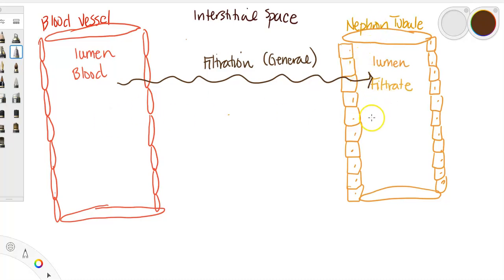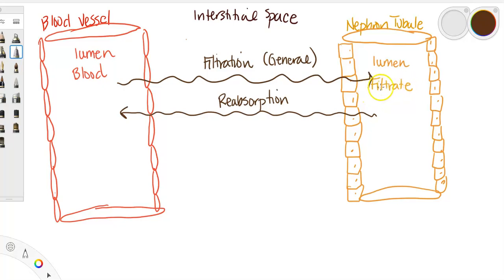The opposite way, things going from the filtrate into the blood, that is called reabsorption. Because guess what?